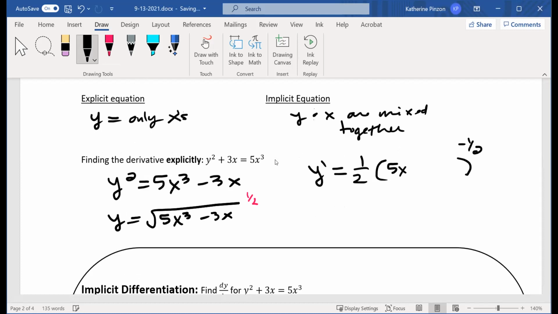So the inside is 5x cubed minus 3x, times the derivative of the inside, 15x squared minus 3. Okay, so that is the derivative of that function explicitly. We had to solve for y and then take the derivative using whatever rules we have.